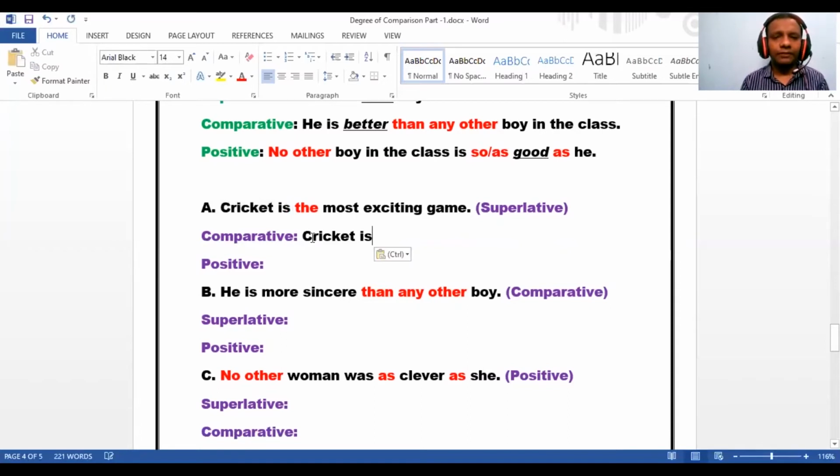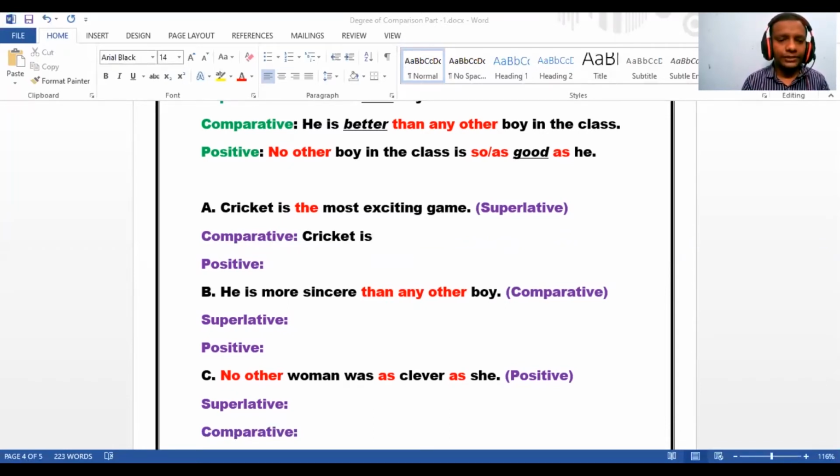I'm writing cricket is, subject and verb. And the will be omitted. Then we have to write the comparative form. Most exciting will be more exciting. So we have to write more exciting. And after comparative, we also write than any other.